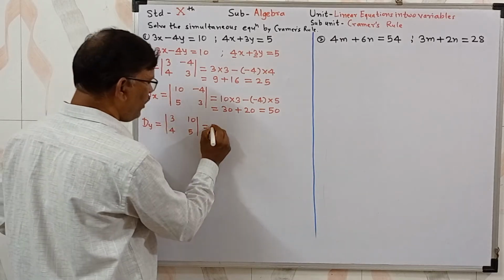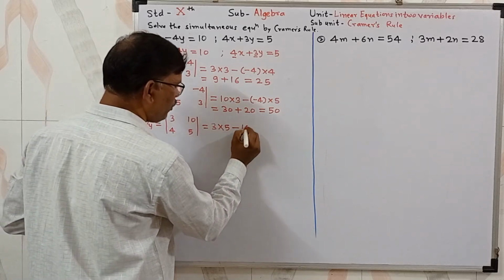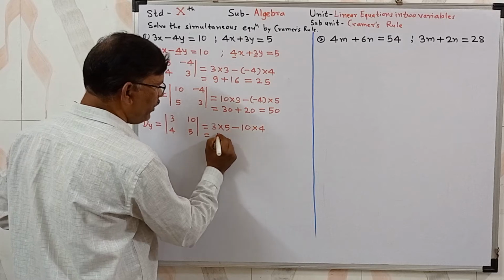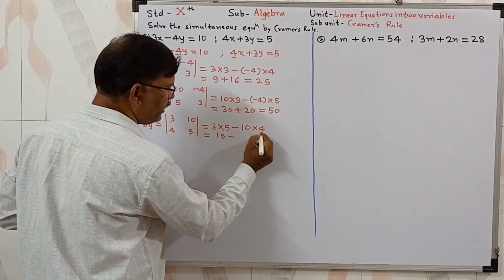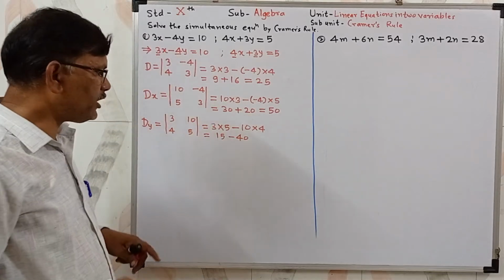So how to find out? That is 3 into 5 minus 10 into 4. 3 into 5 is 15, minus 10 into 4 is 40. 15 minus 40.